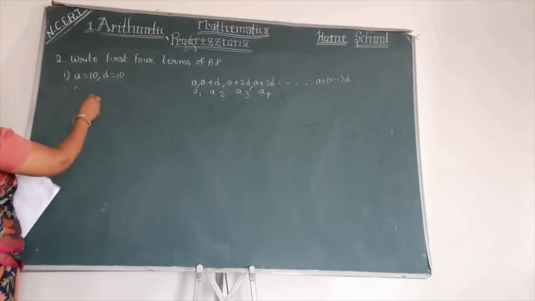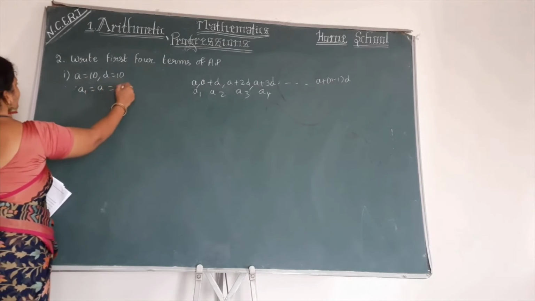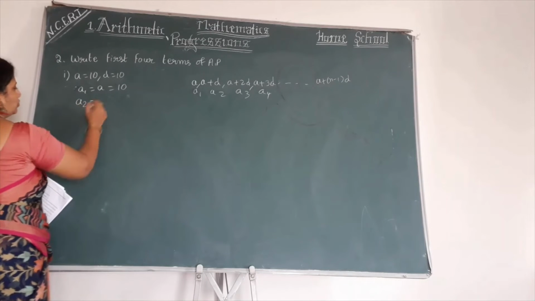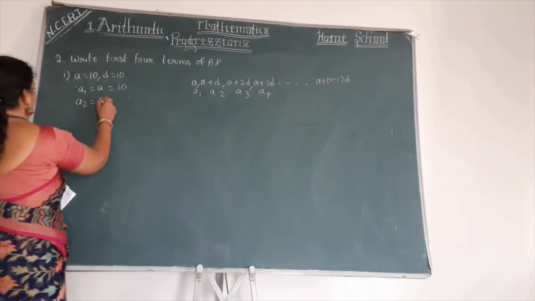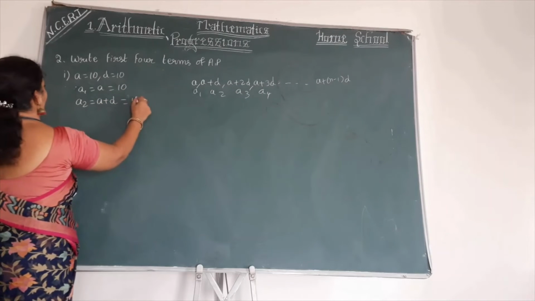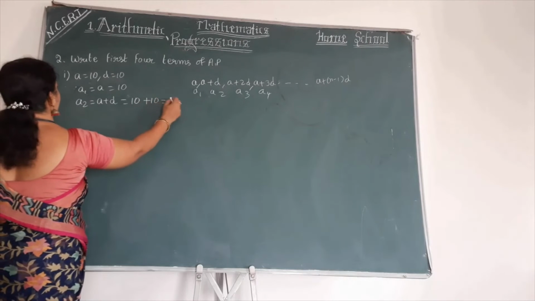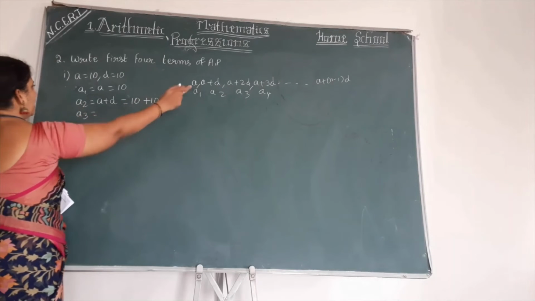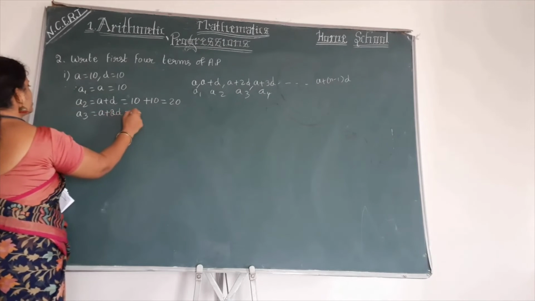So let's start. First term, A1 is equal to A, which is 10. Second term, A2. What is the general form of the second term? A plus D. A value is 10, D value is 10. 10 plus 10 is how much? 20. What's your third term? The general form is A plus 2D.